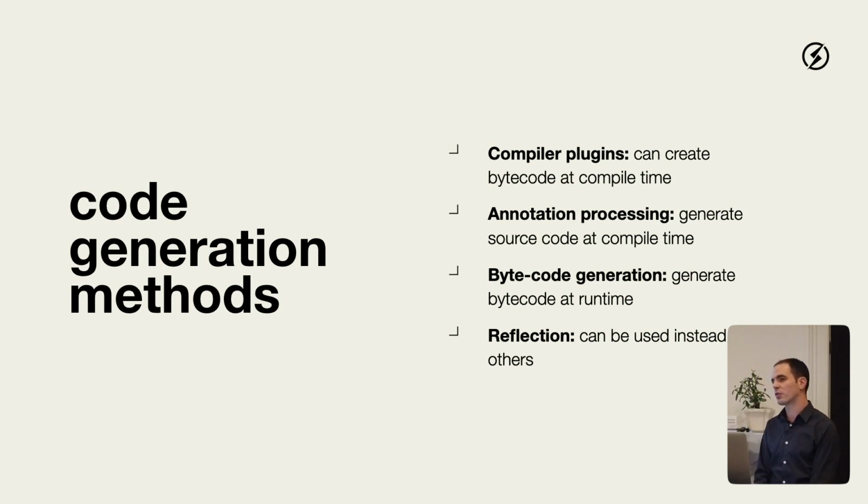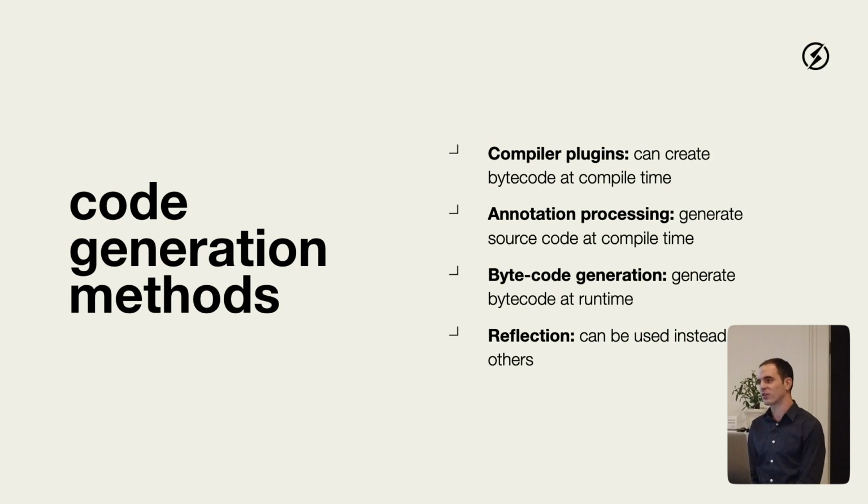It can generate source code at compile time based on the annotations. Then we have bytecode generation, but at runtime. On the JVM, you can actually generate new bytecode. This code is not written by you before the compilation, but it can be generated on the JVM on the fly. For example, lambdas on Java 8 are implemented partially using runtime bytecode generation.